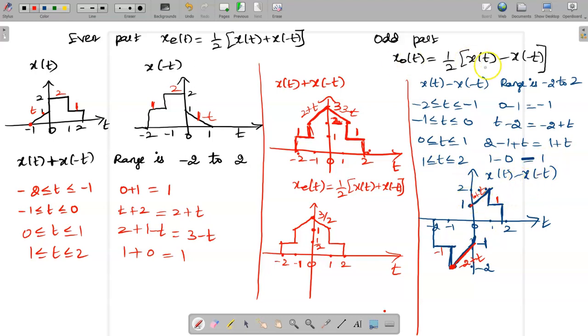So for the odd part, all these things you have to draw as they are. Just multiply your amplitude by 1 by 2. So again redraw the diagram: minus 2, minus 1, 0, 1, 2. There is no change in the time scale.